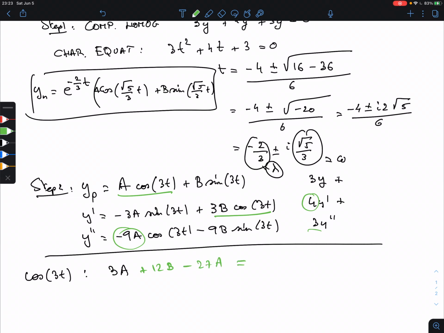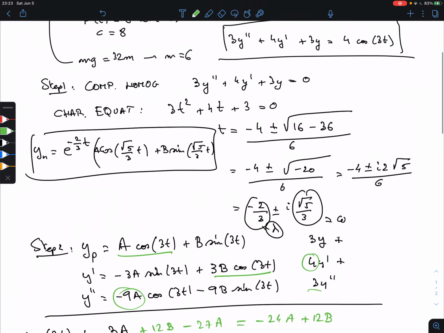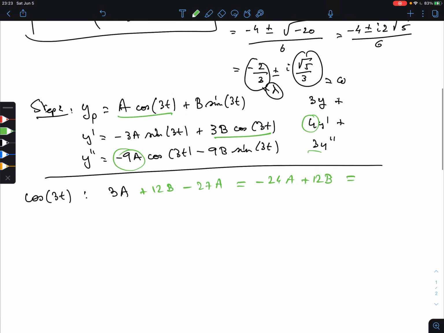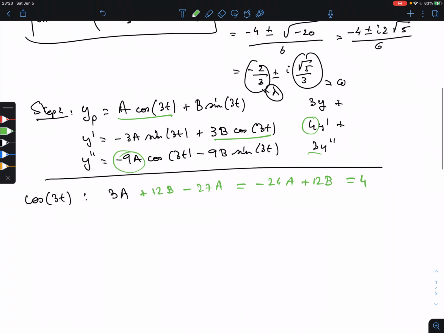So that is equal to minus 24a plus 12b. And that is supposed to be equal to, is there a cosine? Yes, there is a cosine. This is equal to 4, and we can divide by 4, so we get minus 6a plus 3b is 1. Okay, that's our first equation.